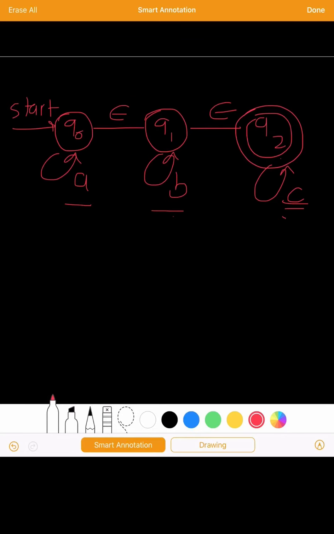Like if a string starts with B, then first of all from Q0, as it is the initial state, we can write epsilon here, right.